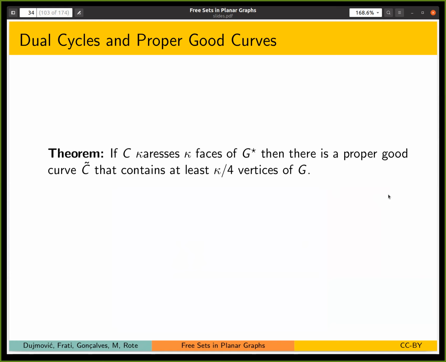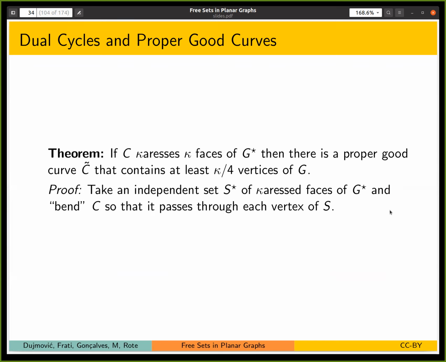So here's an easy theorem. If you give me a cycle that caresses kappa faces in the dual, then I can convert that thing into a proper good curve that contains at least kappa over 4 vertices.